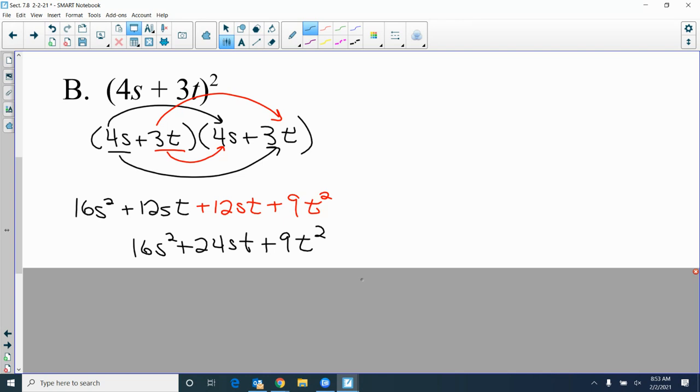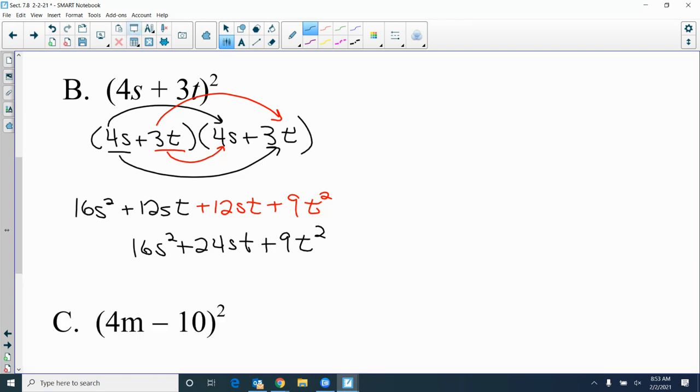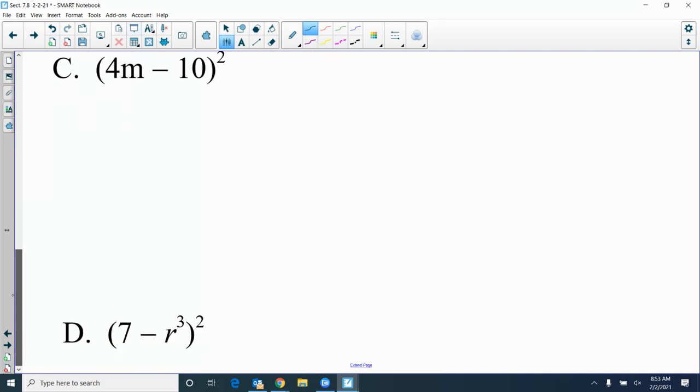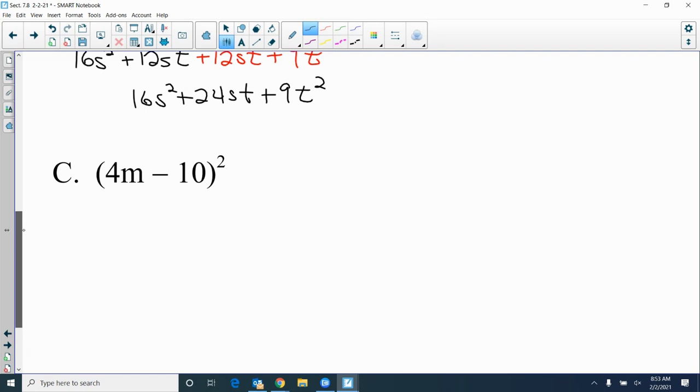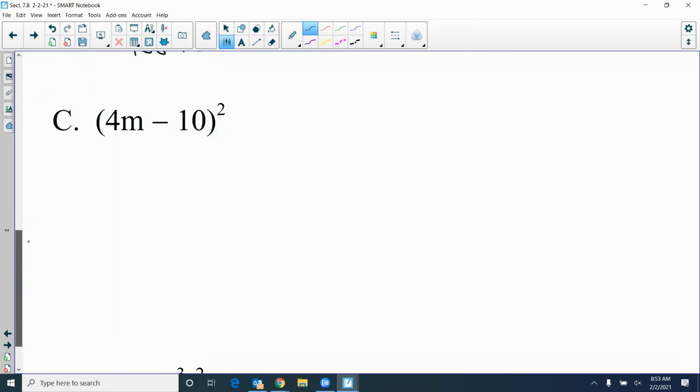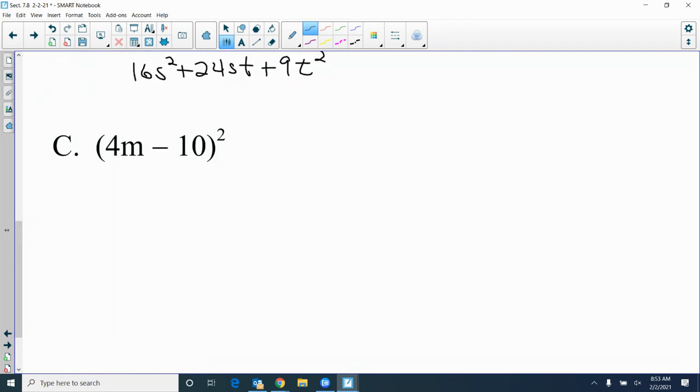You're just going to have an s squared at the beginning, a t squared at the end, and then that middle term. All right, see what you get for C. If you think you know how to do D, go ahead, but otherwise wait. But see what you get for C. Everybody should be able to at least get most of C correct.